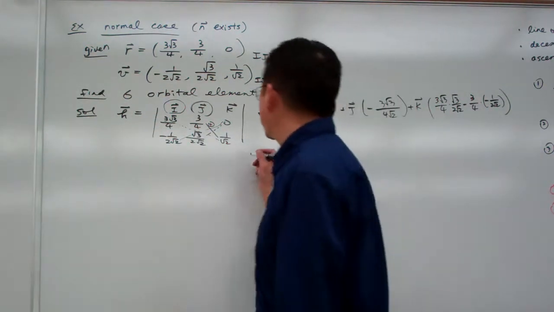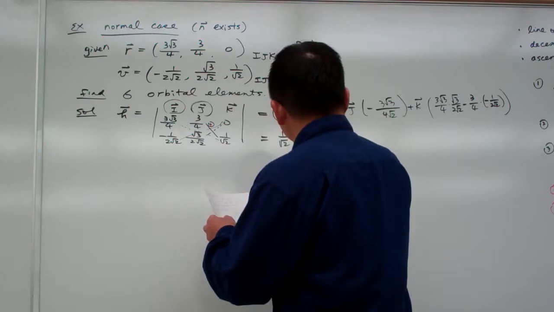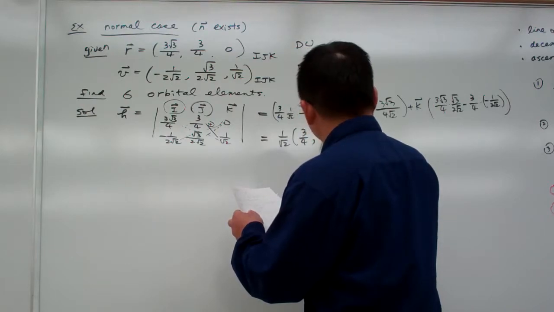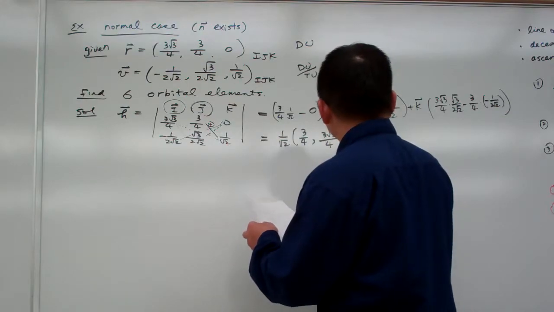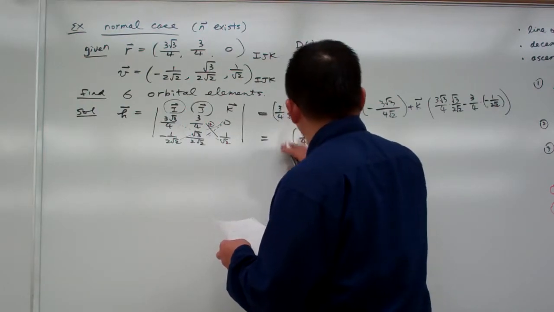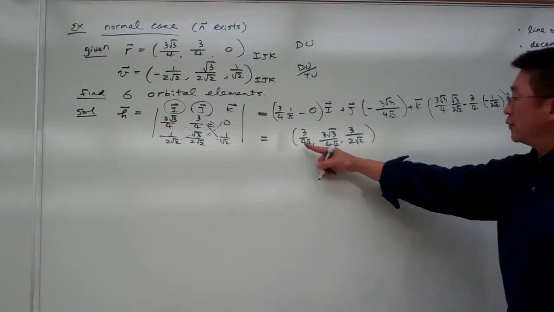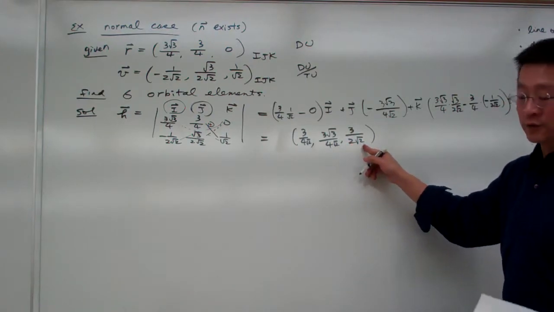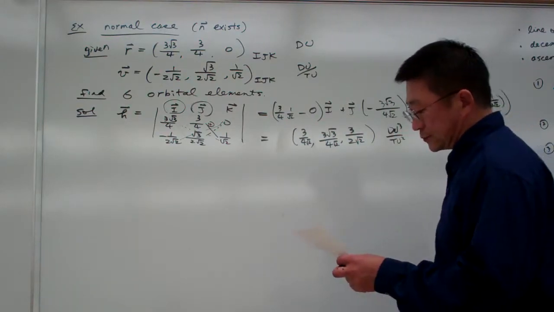Okay, good. So 3 over 4 square root 2 and 3 square root 3 over 4 square root 2, 3 over 2 square root 2. So the unit is DU cubed over TU squared, TU.